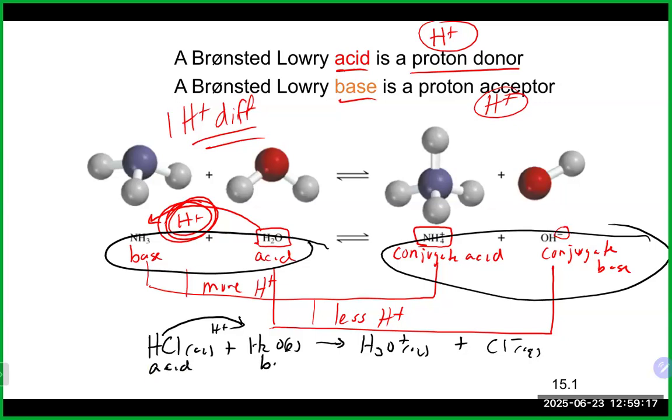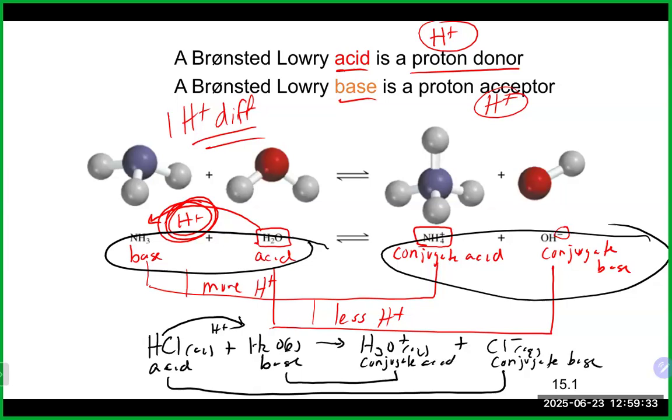This is our base. And on this other side here, this guy and this guy are related to each other. That's going to be our conjugate base. And this guy and this guy relate to each other. That's going to be our conjugate acid. It is still a one-way street, even though there are partners and pairs here that are related to each other.